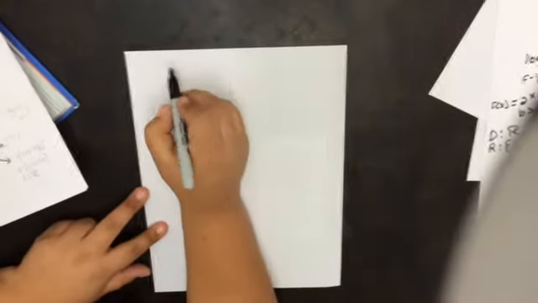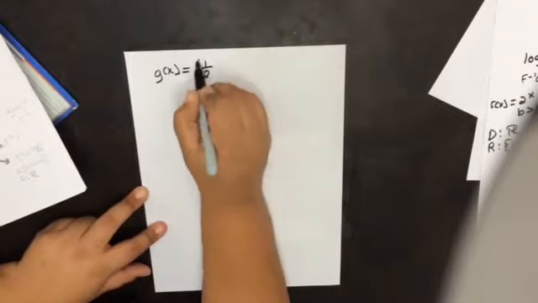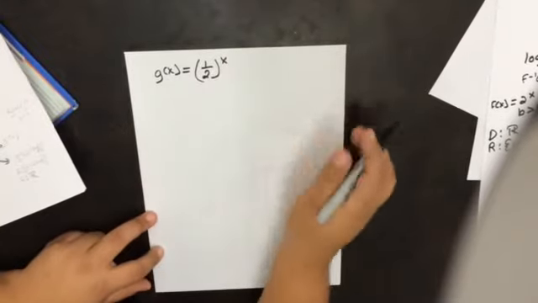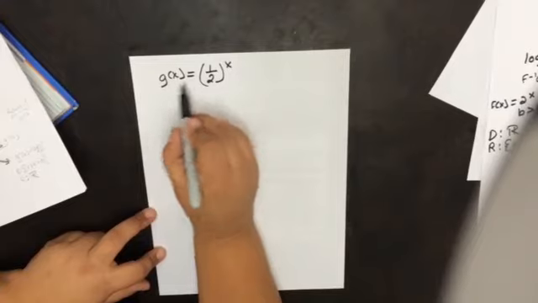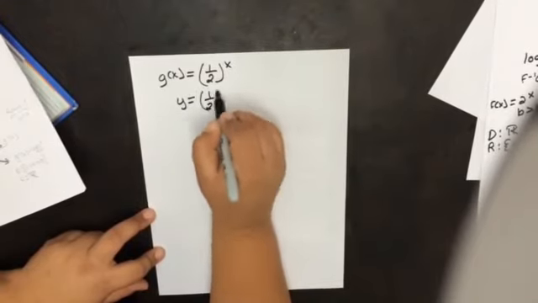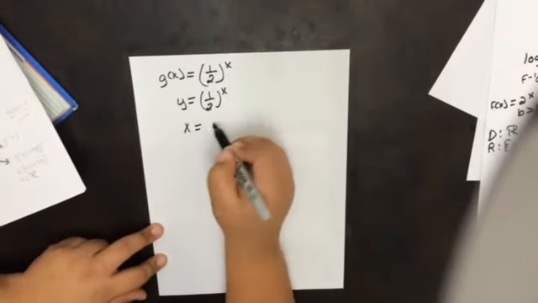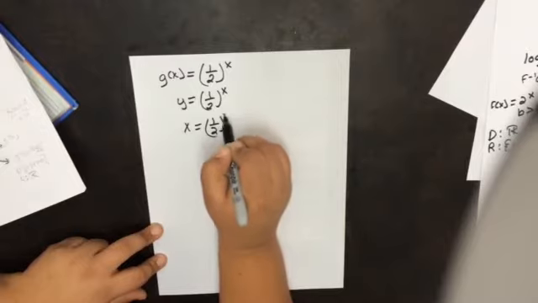Let's do one more. What if we have g of x equals 1 over 2 to the x? Once again, to find the inverse, we're going to rewrite it as an equation. So y equals 1/2 to the x. Then we're going to switch our x and y. So x equals 1 over 2 to the y.